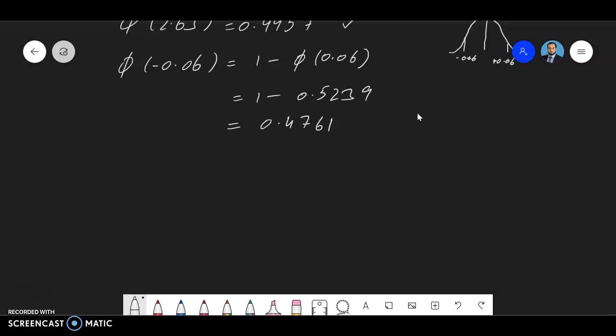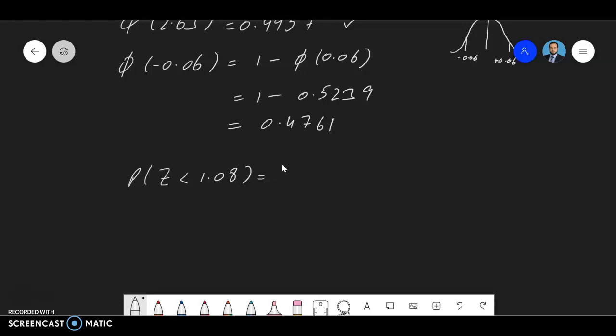Okay, let's see another example over here. Now if we particularly say, find the probability of z less than 1.08.